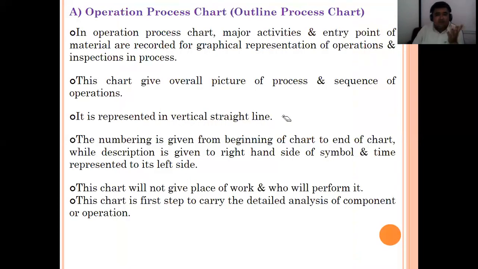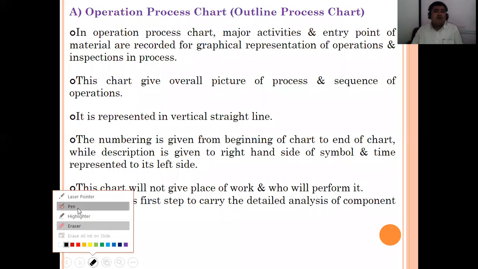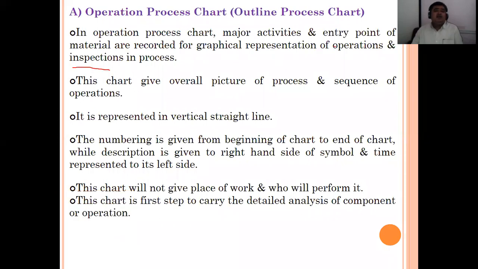So let's talk about this operation process chart, or outline process chart. In the operation process chart, major activities and every point of material are recorded for graphical representation of the operation and inspection process. So at every point we are making operations and inspections.